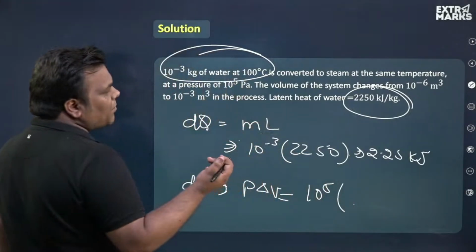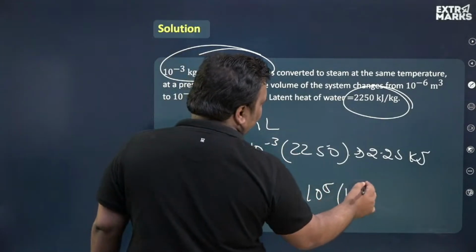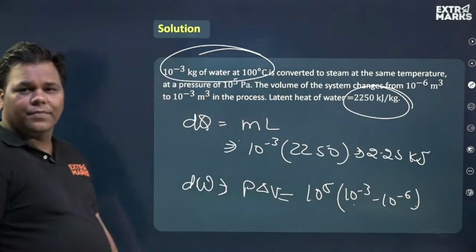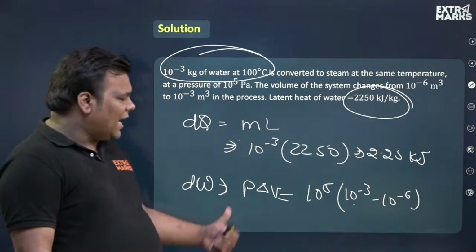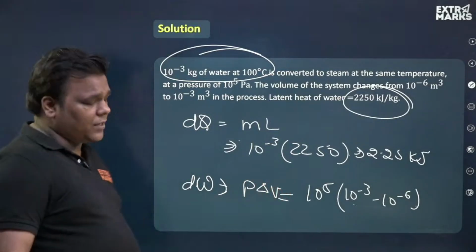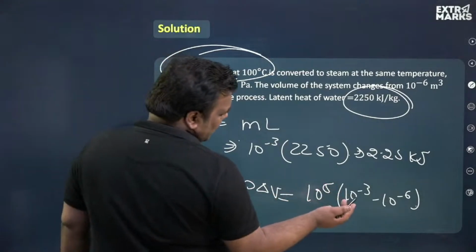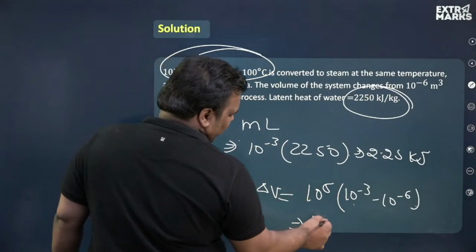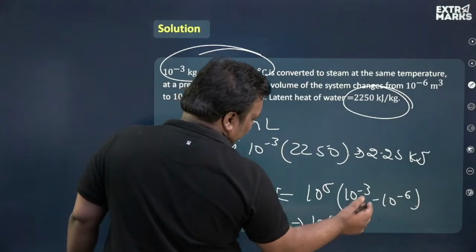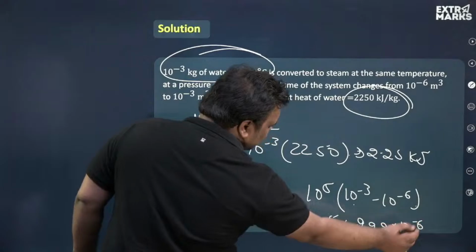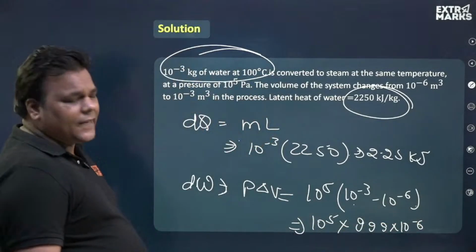If I am talking about the magnitude, then it will be 10 to the power minus 3 divided by 10 to the power minus 6. I am talking about magnitude only, please remember. So, I think you can easily say 10 to the power 5 multiplied by 999 into 10 to the power minus 6, right?